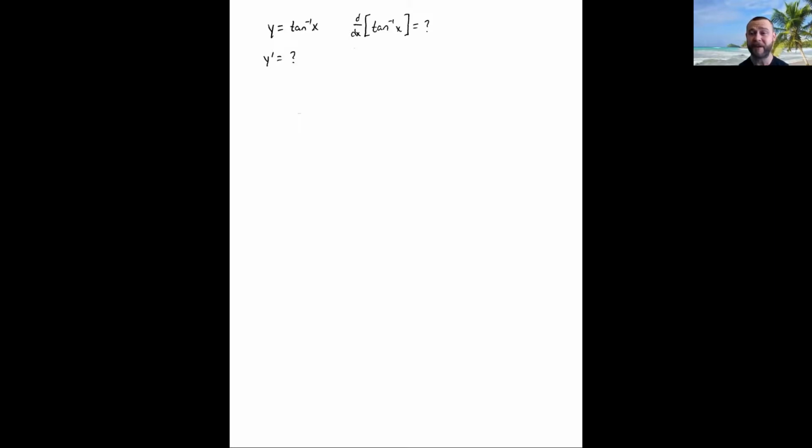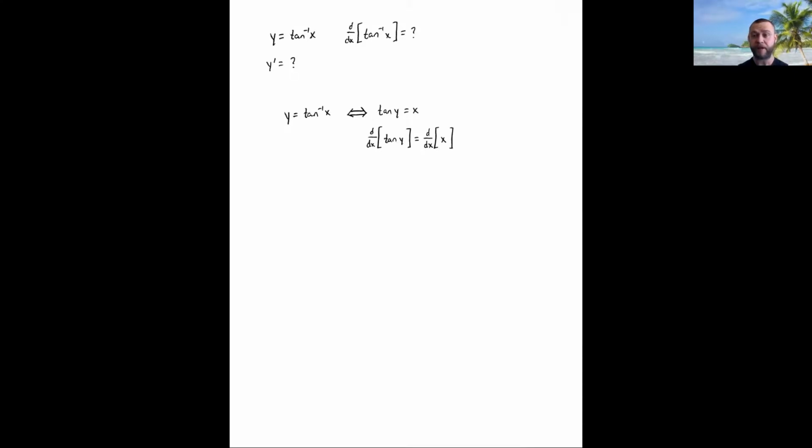Let's go ahead and go through that to see what the derivative of inverse tangent is before we state all 6 inverse trig derivatives together. All right, so we're going to start by converting from inverse trig form to implicit form. Tangent of y equals x.